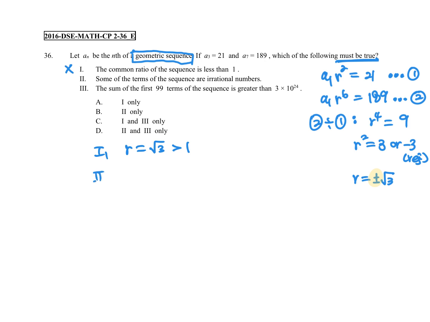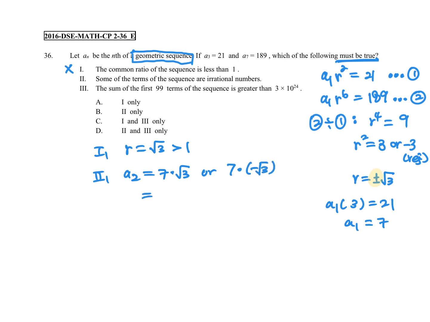So statement 2, some of the terms are irrational numbers. That makes sense because if you go on, A1 times 3 equals 21. So that's why A1 equals 7, no matter what R is, because R squared equals 3. So that's why A2 could be 7 times square root 3 or 7 times negative square root 3.